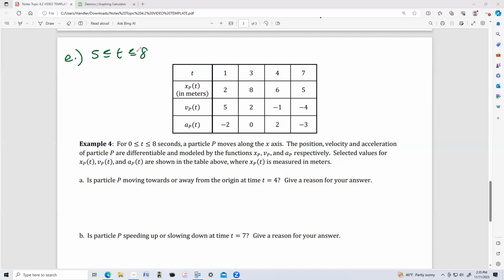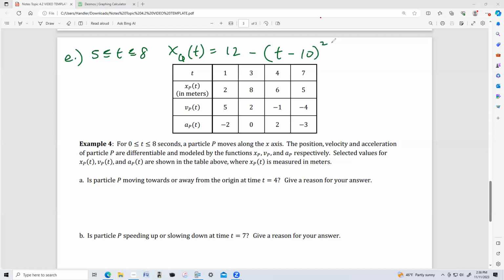The position of particle Q is given by 12 minus (t minus 10) squared, like that.